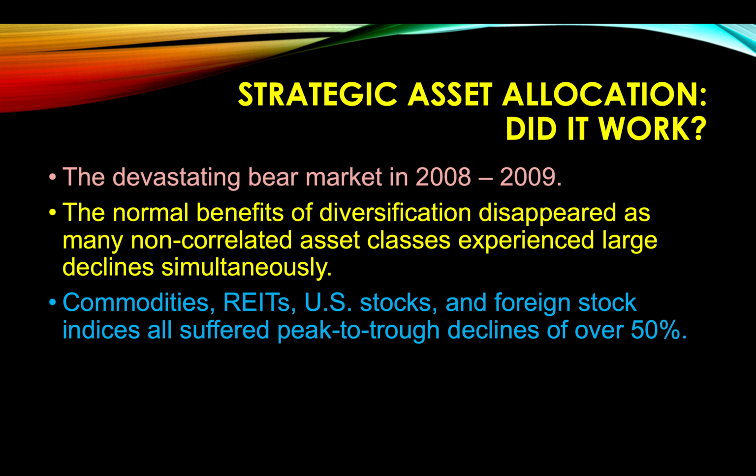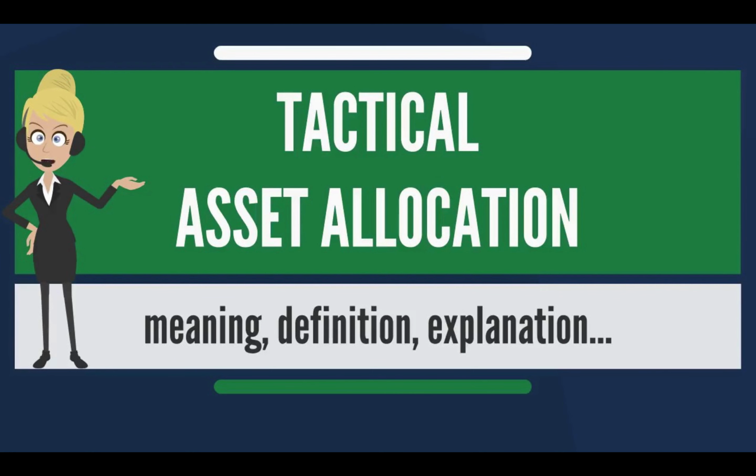And that led to a lot of people to say modern portfolio theory is dead, which I don't agree with. Never have. So what did work was holding US Treasury bonds in that period of time, and that added quite a bit in terms of the returns of the portfolio.